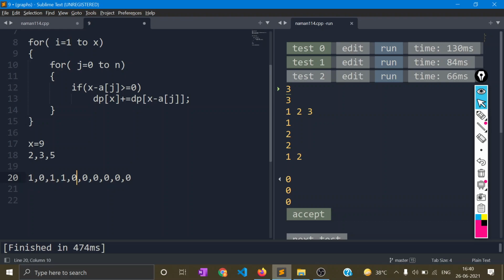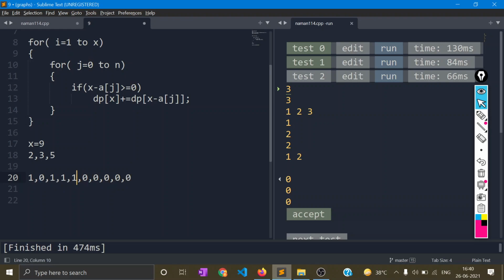For x equal to 4, we first considered 2, then dp[2] is 1, and we change it to 1. Then we jump to 3, and dp[3] is 1, but 4 minus 3 is 1, and there are 0 ways to make 1.